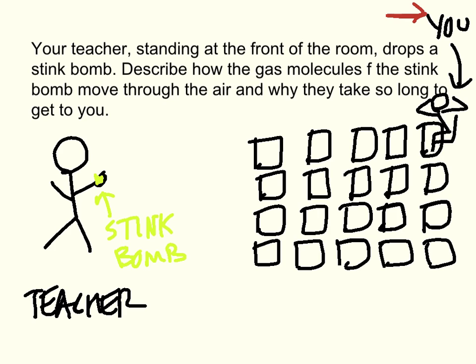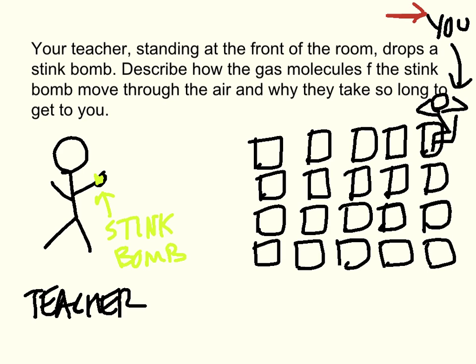So answer this in 1 to 2 complete sentences on your handout, and then move on to the exit ticket after you've answered it. Pause the video now to answer the question. When you are done answering the question, hit play, and I'll go over the correct answer.